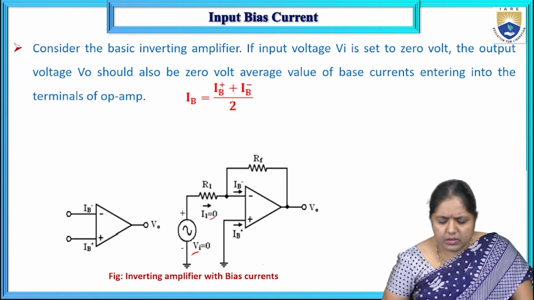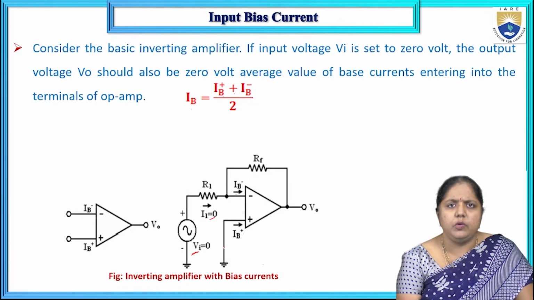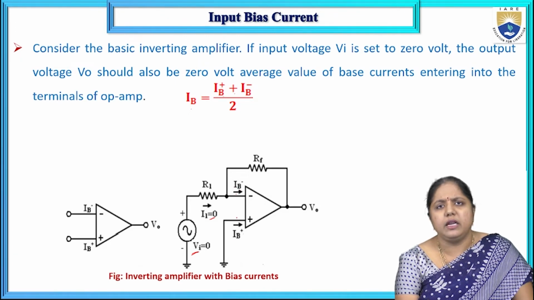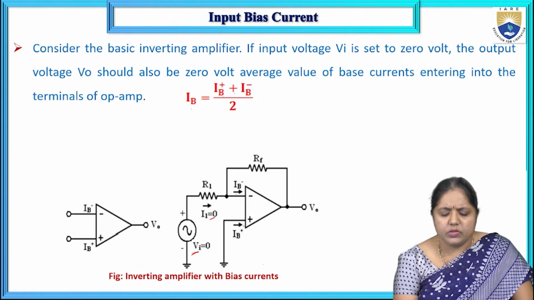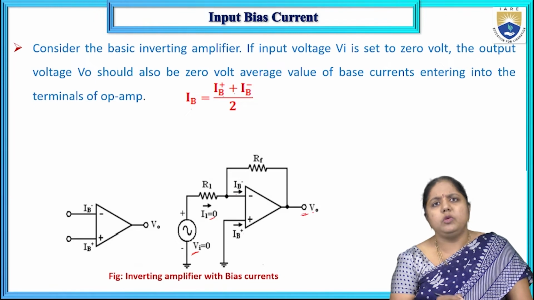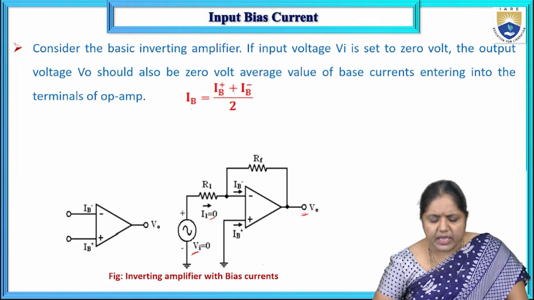So even in the absence of an AC input voltage, some amount of IB minus and IB plus currents are entering the operational amplifier input. These are DC currents, and due to these DC currents, I can definitely get a certain amount of output voltage.